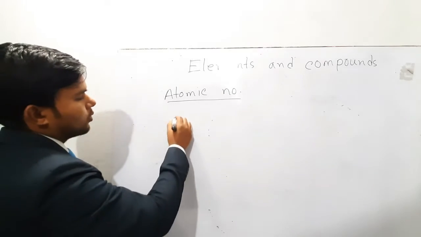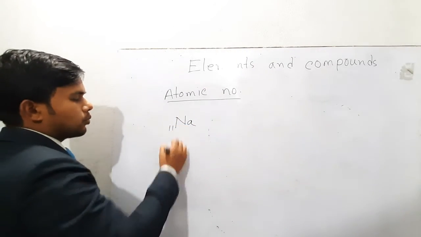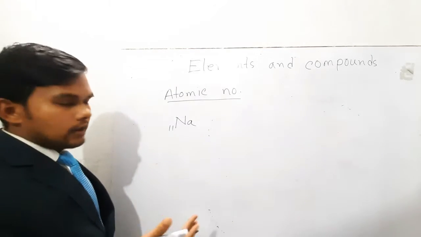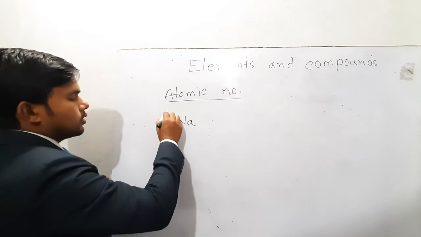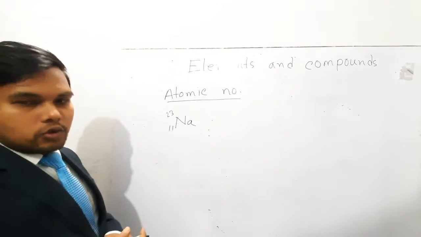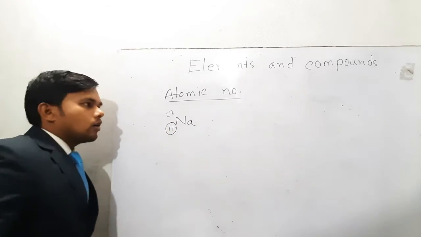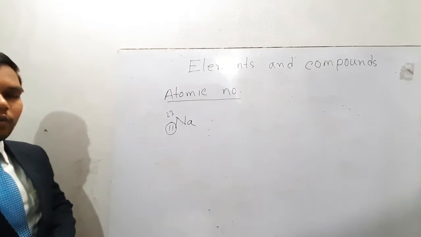Take sodium. We know sodium has 11 protons and 11 electrons, and its total mass number is 23. Mass number means the number of protons and neutrons. This is the atomic number, the total number of protons in the nucleus.